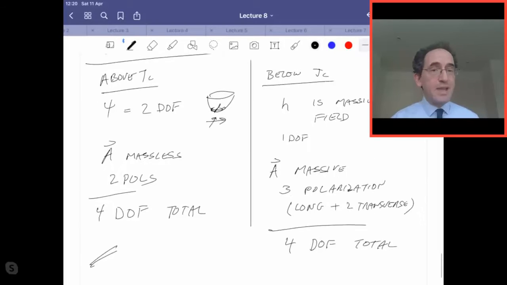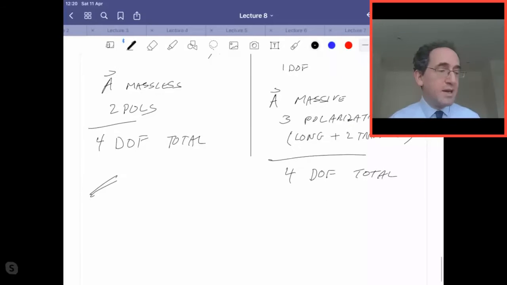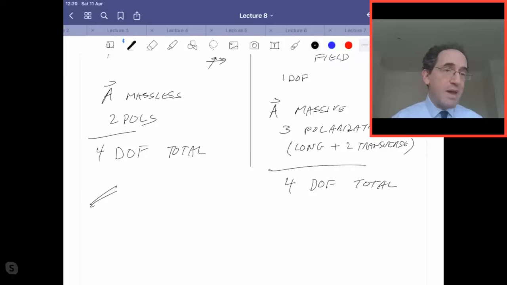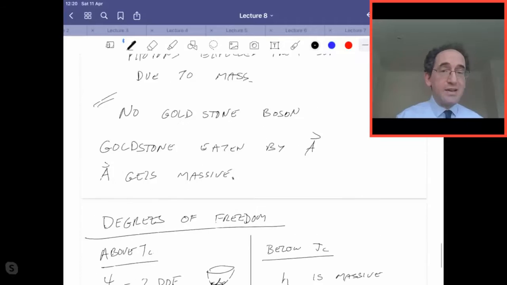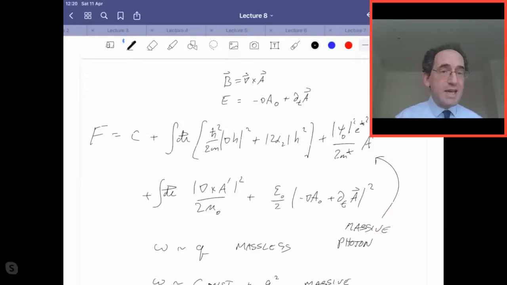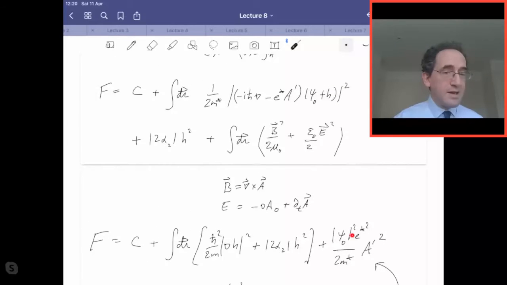The Higgs boson is the excitation up and down this Mexican hat, the massive excitations, and you often see written in the popular media that the Higgs boson gives mass to particles like electrons. That's not really true. What actually gives the photon mass, gives the gauge field mass, is the VEV, the vacuum expectation value. This quantity here.